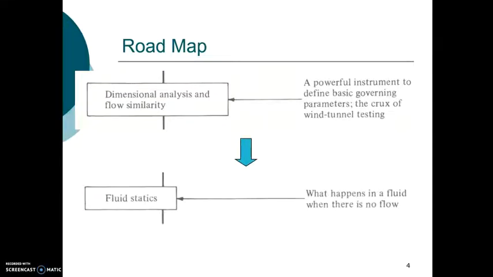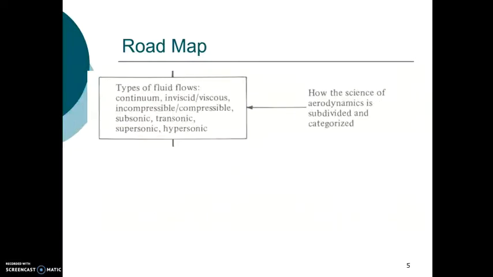And then we look at what happens when there is no flow. What happens in a fluid when there is no flow, that is fluid statics. And then we'll proceed to look at the different types of flows, what continuum flow means, what are inviscid and viscous flows, what are incompressible and compressible flows, subsonic flows, transonic flows, supersonic flows, and hypersonic flows.